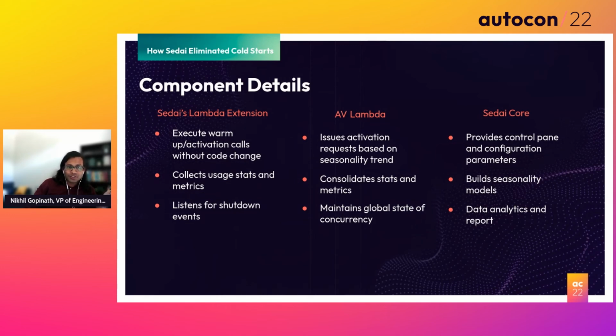It collects the usage stats and listens for shutdown events. The activation Lambda request actually gets the data from Sedai core for seasonality and predicted concurrency numbers, and that's the one that issues the activation calls and keeps track of the concurrency settings, listens for shutdown events, and so on.